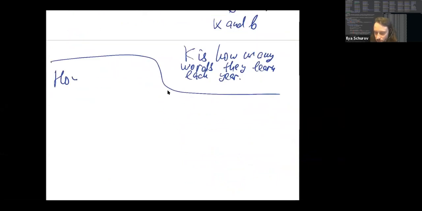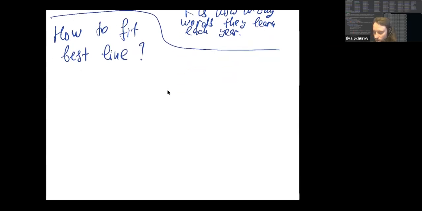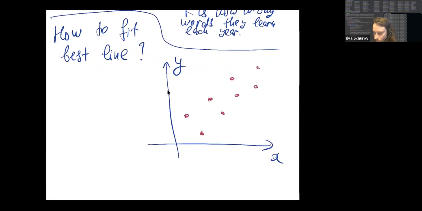So how to fit the best line? This is done in the following way. We have some points. And then we try some line, for example, this line. And then we can find how far our points are from this line.